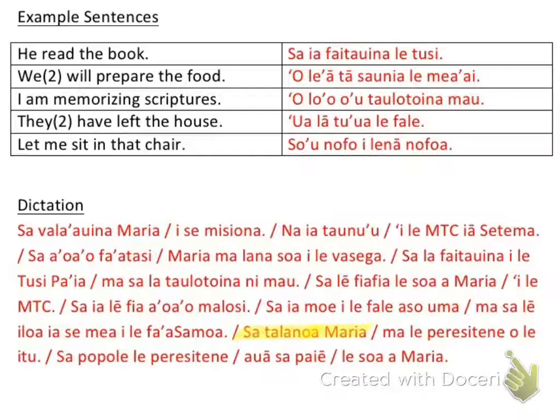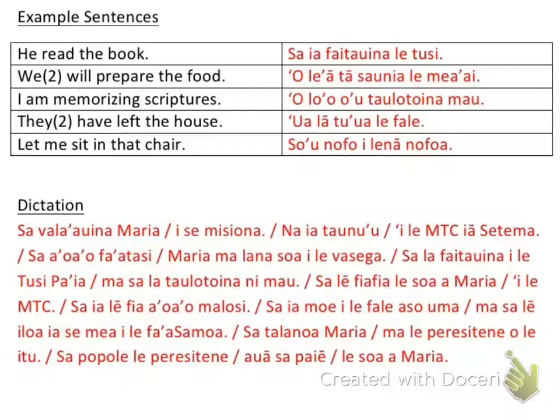So Maria talked or conversed in the past with the "presidente," president of the district, or if you're not a member of the LDS church, "itu" can also be translated as part or area or side, something like that. But in this case, it's district.